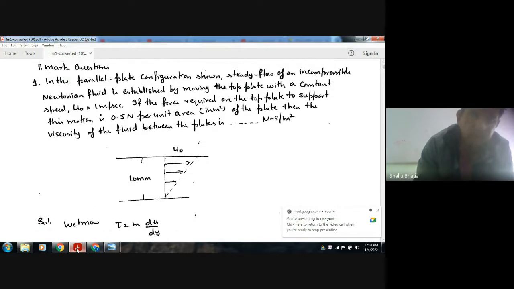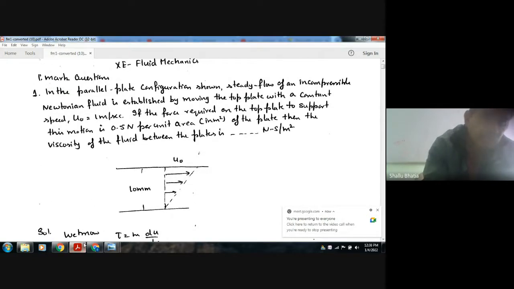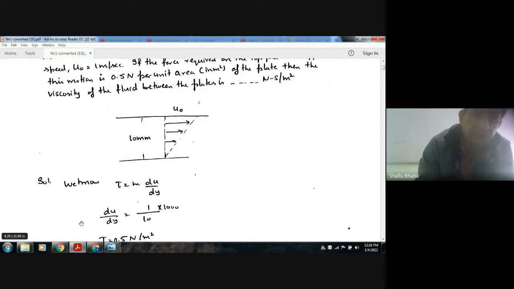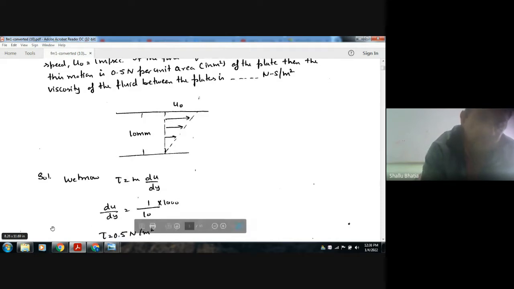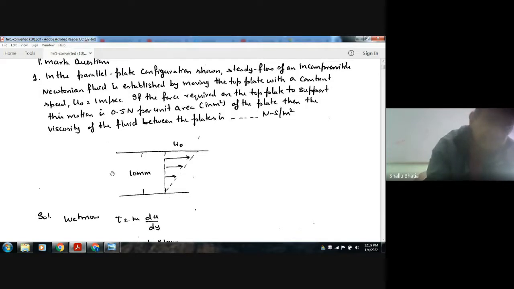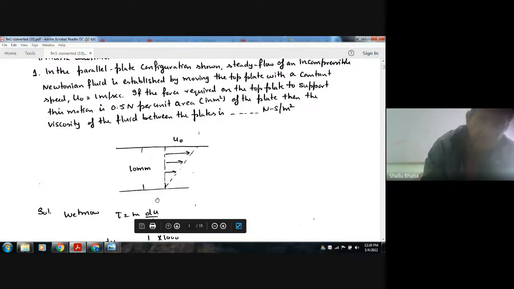Okay. So the force required is 0.5 Newton per meter square. So that is the shear stress according to a Newtonian fluid. Using Newton's law, we have tau is equal to mu du by dy, and here the velocity u naught is 1 meter per second, and this distance is 10 by 1000.